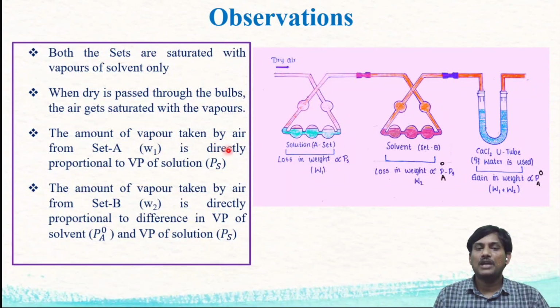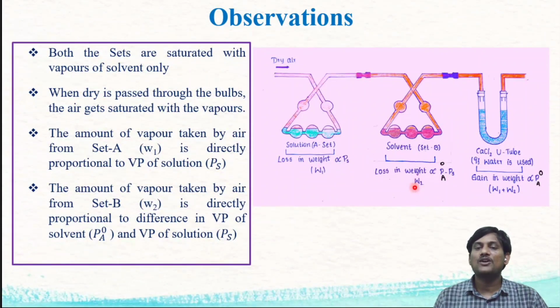So the amount of vapor taken by air from set A, that is W1, the loss in weight in set A, is directly proportional to the vapor pressure of the solution, PS. The loss in weight in set B, W2, that is the amount of vapor taken by air from set B, is directly proportional to the difference between the vapor pressure of pure solvent, PA0, and the vapor pressure of the solution.